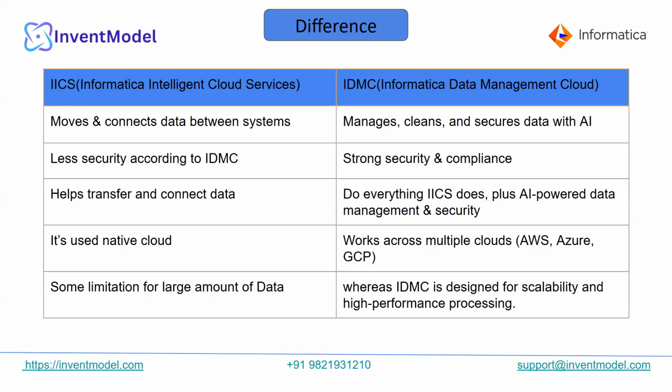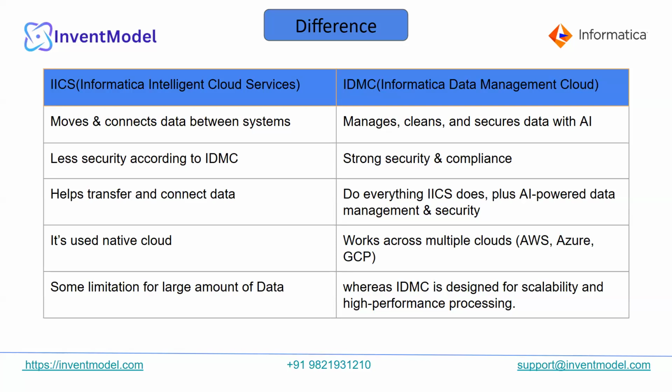And the third one is that it helps transfer and connect data, meaning we can easily transfer the data and connect to the data using IICS. In IDMC we can do everything IICS does, plus AI-powered data management securely.